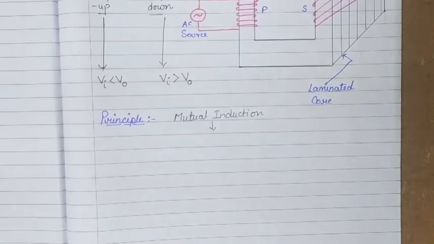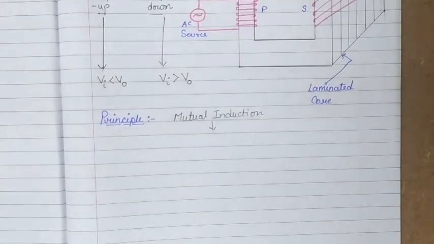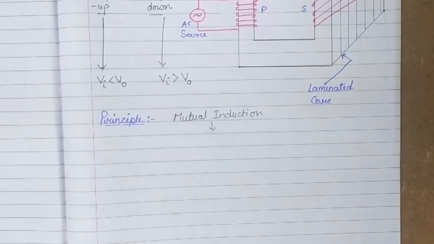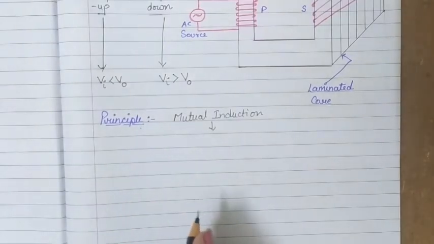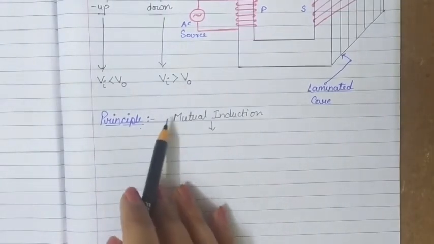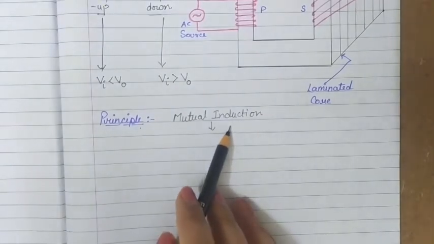Then that neighboring coil, or we call it as secondary coil, there will be some induced EMF set up in the secondary coil, or there will be some induced current in that coil. So this was the phenomena of mutual induction, and on this phenomena of mutual induction transformer is based. So principle of transformer is mutual induction.